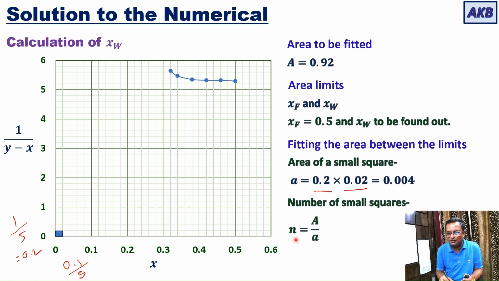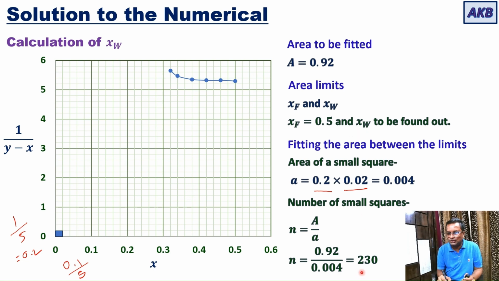So that will give number of small squares. Total area to be fitted is 0.92. Area of one small square is 0.004. In this way, that gives us 230 small squares. You need to fit 230 small squares like this and get xw.